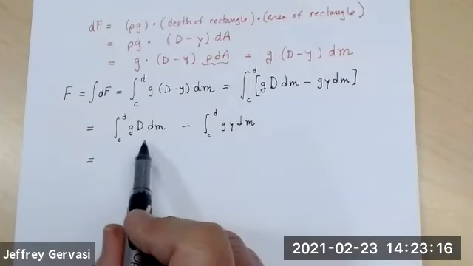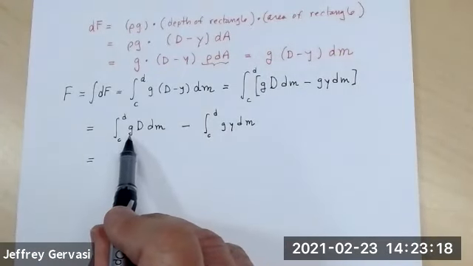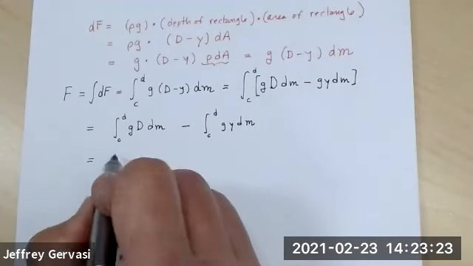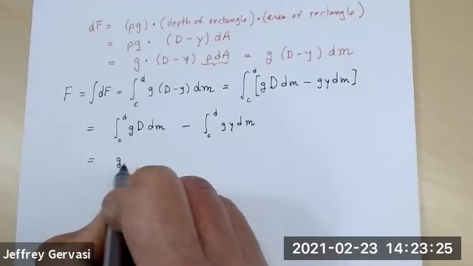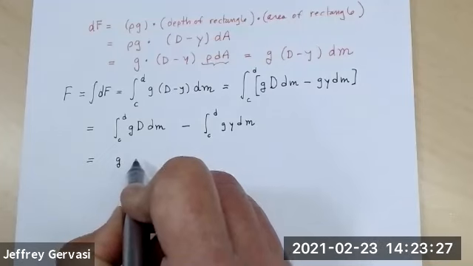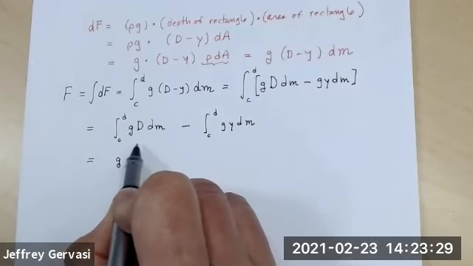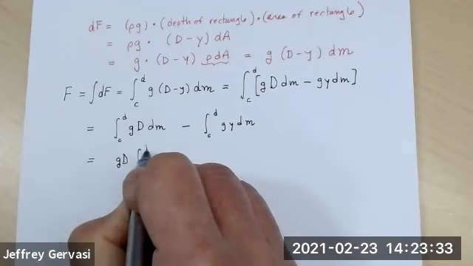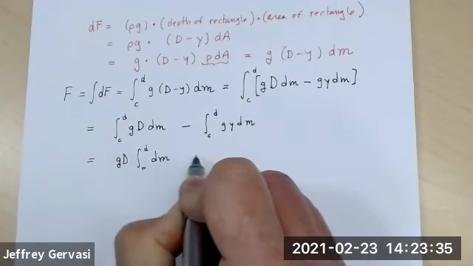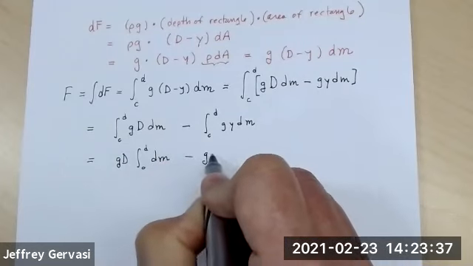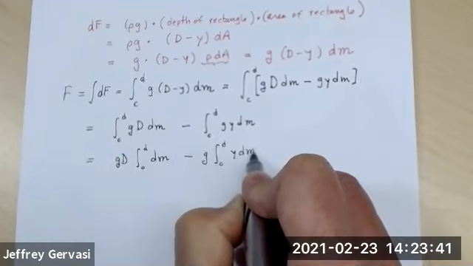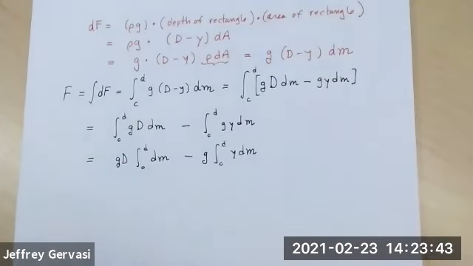Next, I think I'm going to factor out the g constant. Maybe take out the D from this as well. Yeah, I'll do that too. Okay, how's that look?